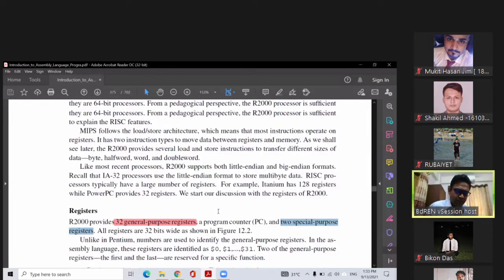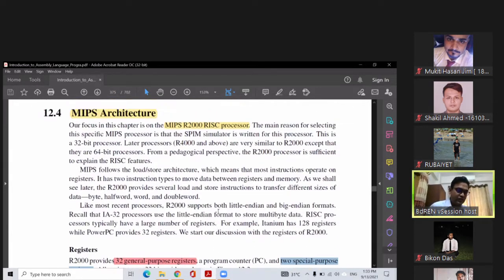Can you remember how many registers you have in the Intel processor? In chapter number 3 we discussed how many types of data register we have in the Intel processor. How many data registers? 4.